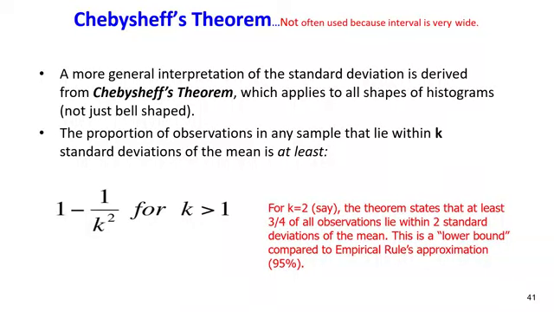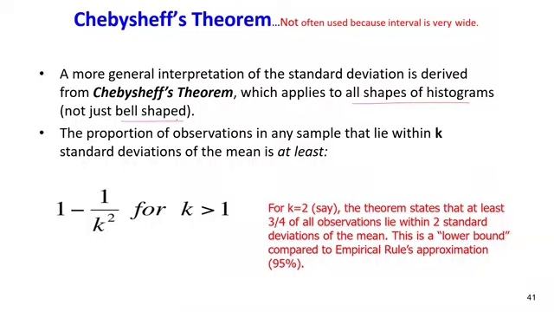So coming back, if your data is not following a normal distribution, you can go with another rule known as Chebyshev's theorem. It applies for all shapes of histogram, not just bell shaped.